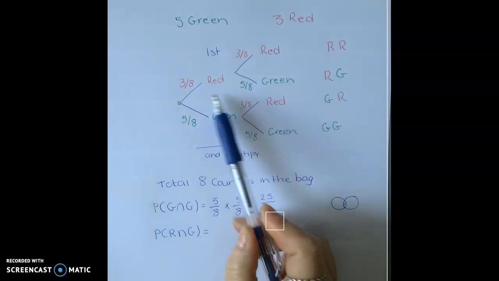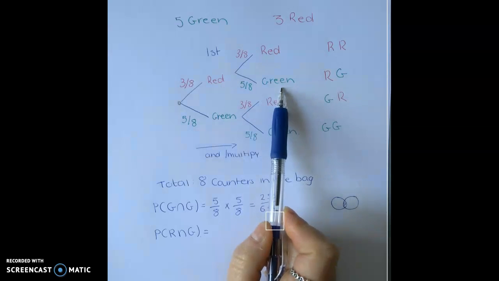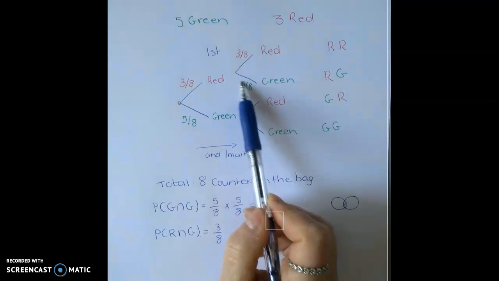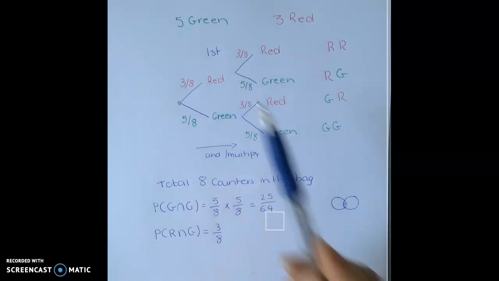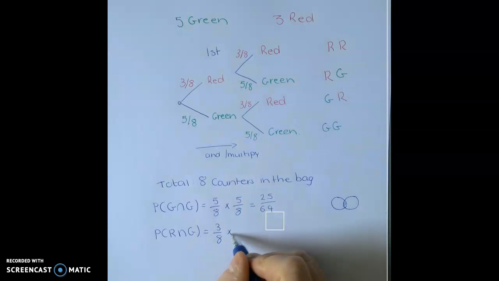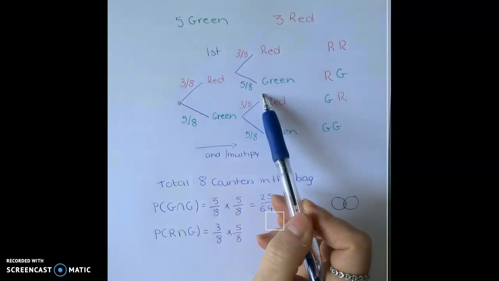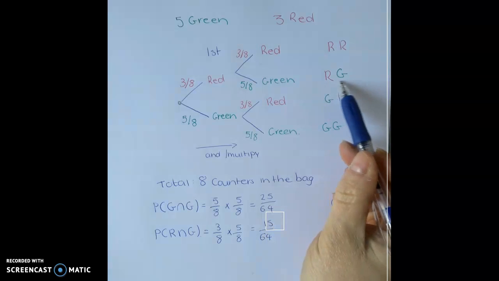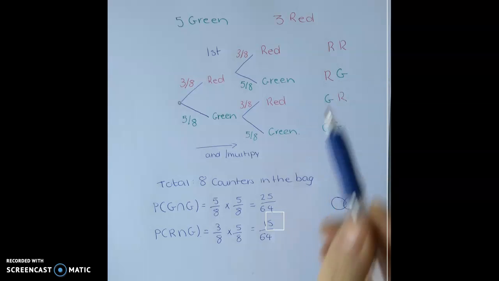So the first way we could pick it is through a red and then a green. So the probability of picking a red counter is 3/8, and the probability of then picking a green counter is 5/8. And because we're going along the branches, we times them together. So that would be 15/64. That's the probability of picking a red and a green counter.